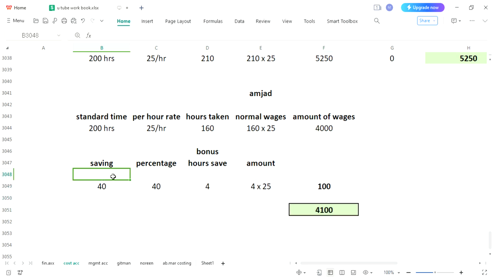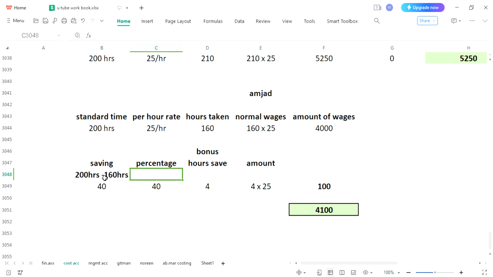How have you calculated saving? 200 hours were standard and he had taken 160 hours. So 200 hours were standard and he had taken 160 hours. So 40 hours are saving.